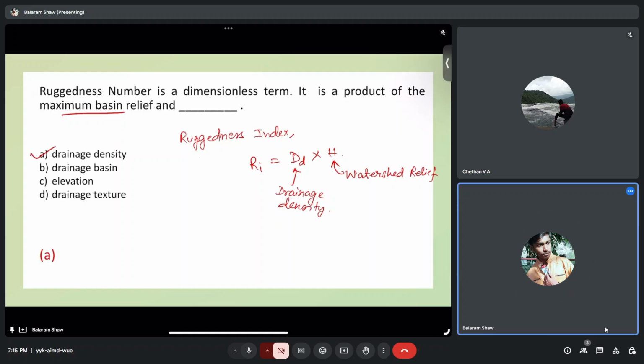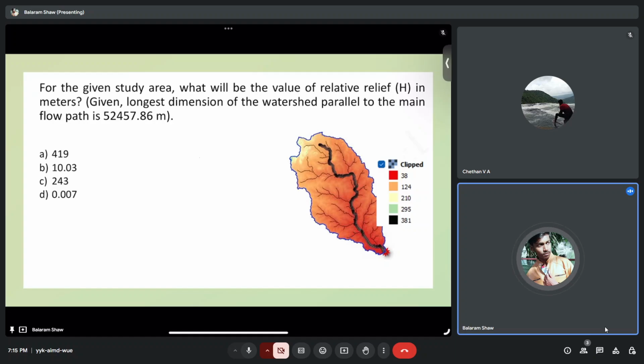Okay. Next question is for the given study area, what will be the value of relative relief? Remember, this is the relative relief. So we have two terms. One is absolute relief, which is defined as the maximum altitude of the basin, and then we have relative relief.